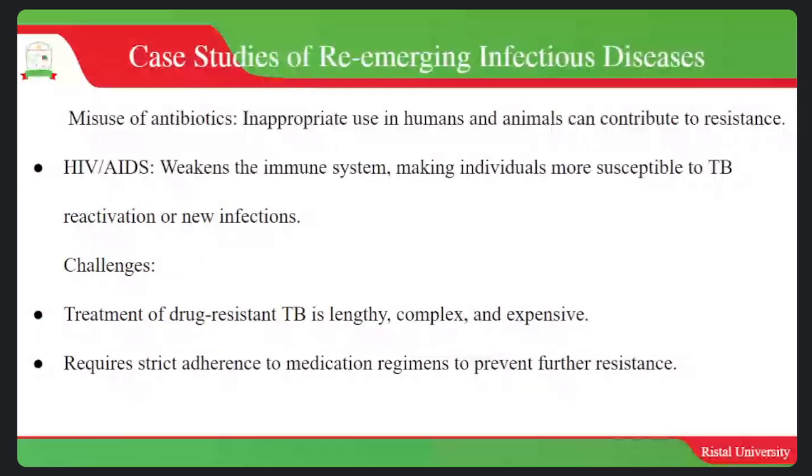So the major challenges of these reemergences of TB are that drug-resistant TB was really very complex and expensive to treat, and the treatment was really lengthy. And it requires strict adherence to medication to prevent further resistance that caused the development of the other resistant strains.